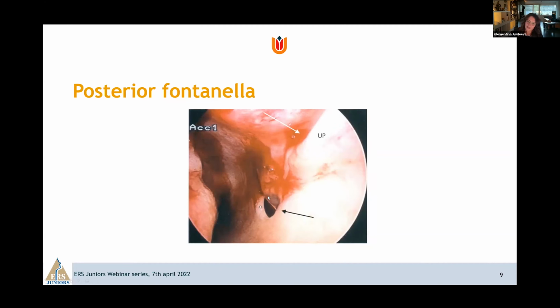This is an accessory ostium of the maxillary sinus, which might be confused for the natural ostium, which is actually located more anteriorly and superiorly, as we have discussed before. It's hiding behind the uncinate process. So if you see this during the surgery, please don't confuse it for the natural ostium, and just locate the natural ostium and combine these 2 together.